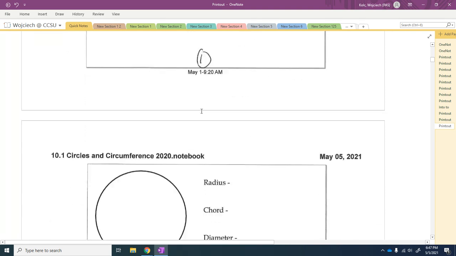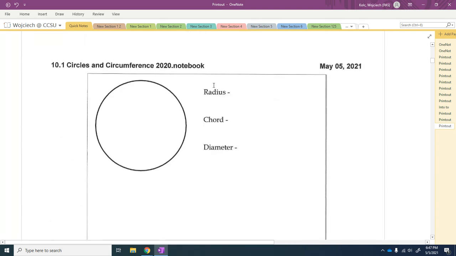All right, let's talk about some special names. Most of you obviously know the definition of a radius and a diameter, but the chord may be tricky. But officially, let's write the definitions in your notebook. So the first one is a radius.